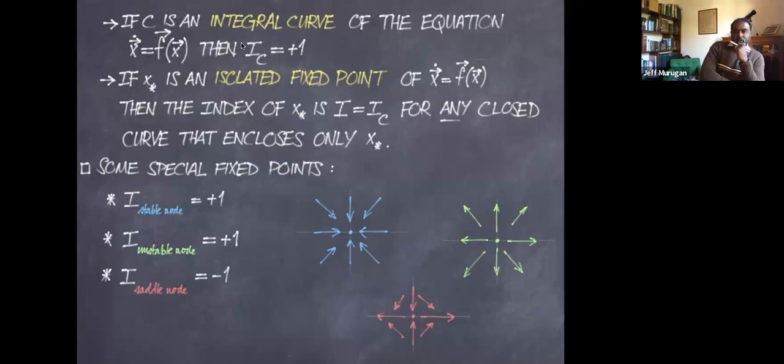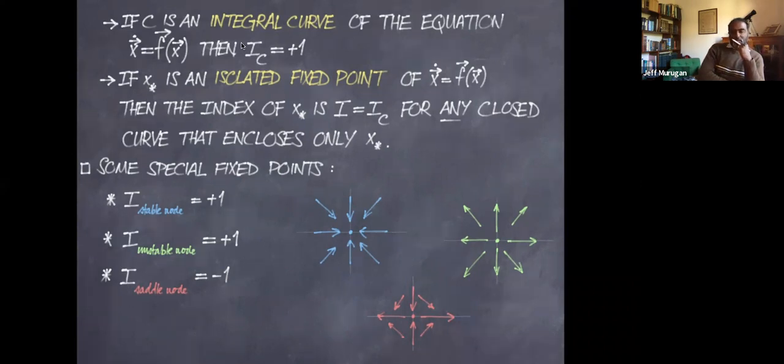So in the theory of differential equations that you may have encountered before, there are some special types of fixed points, right? One type of fixed point is what we call a stable node. So if I draw a vector field around the stable node, all vectors point toward the stable node.